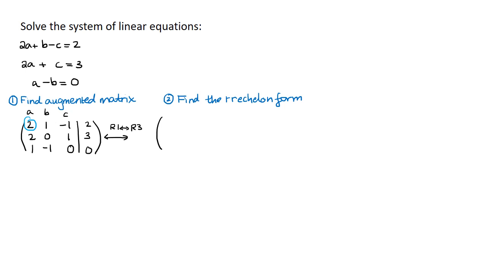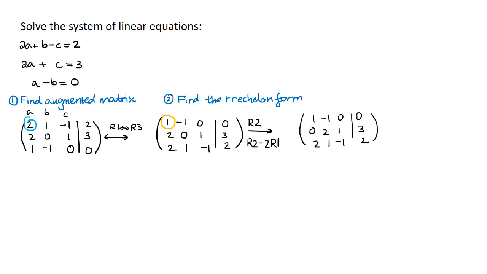Now I want to eliminate all of the values occurring in this column below the leading entry. So what that means is I'm going to replace row 2 with row 2 minus 2 row 1. For this example, it's pretty easy to do it in your head carefully, but doing it on paper is also a good option.